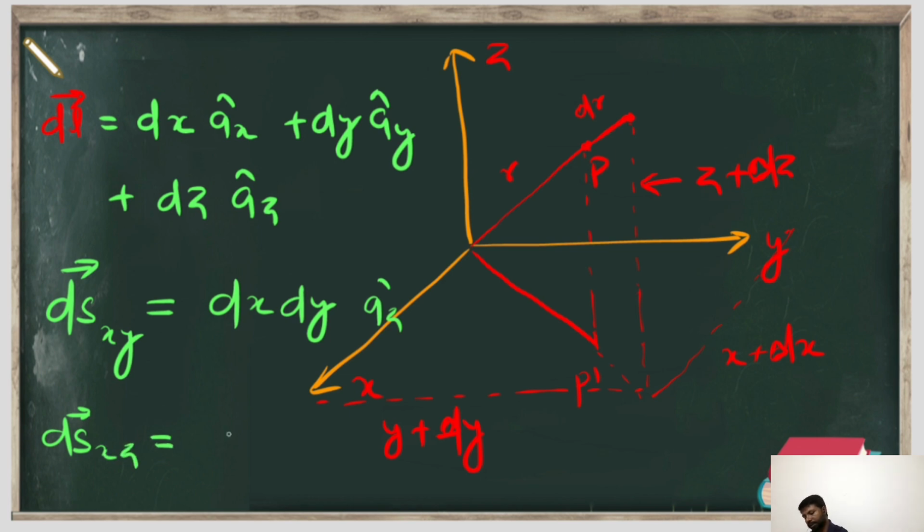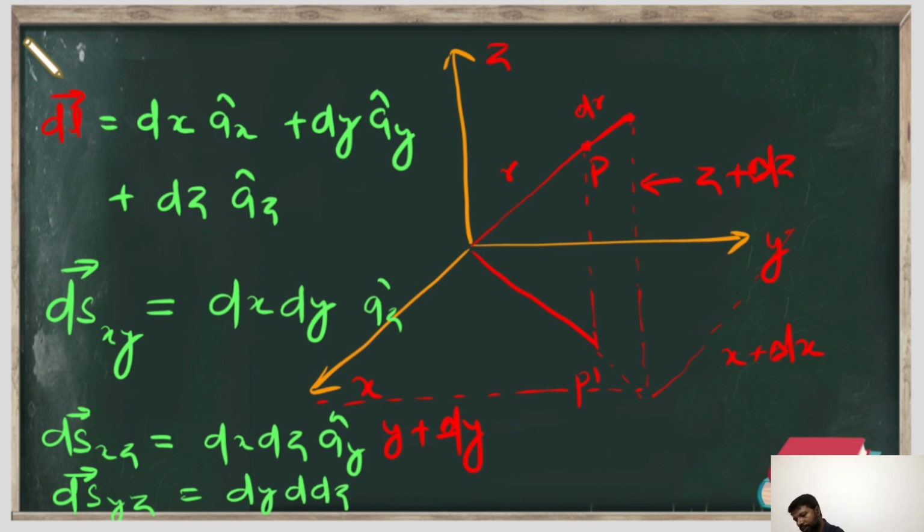Similarly, if we are trying to write the differential area in the xz plane, then the differential area is given by dx dz ay. Then the differential area in the yz plane is equal to dy dz ax.